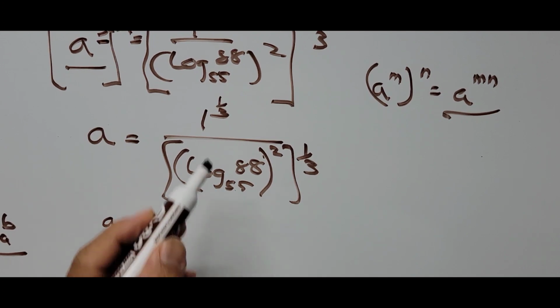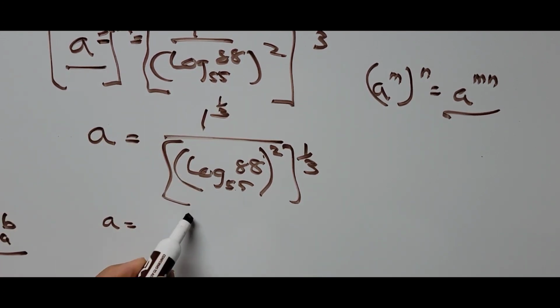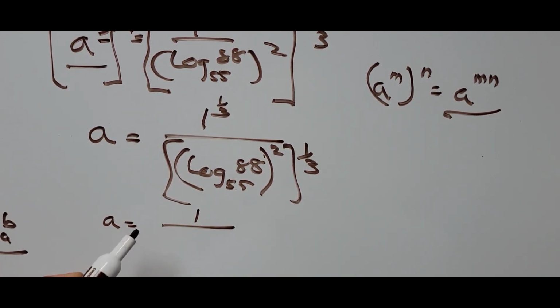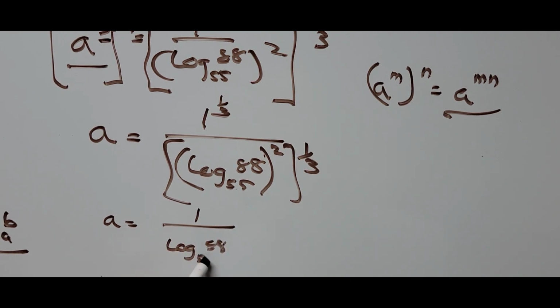Now 1 raised to the 1/3 is 1, divided by the logarithm of 88 base 55 raised to the second power, raised to the 1/3 power.